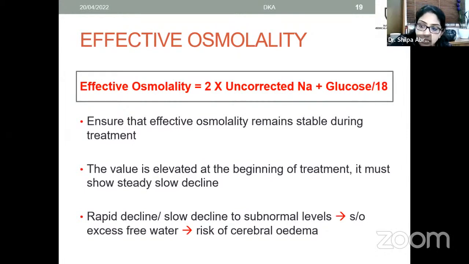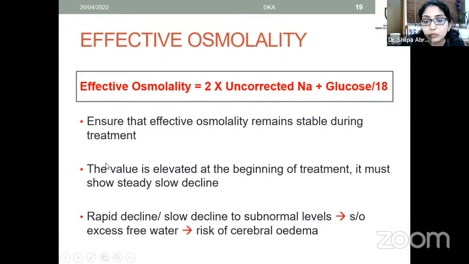There has to be a slow and steady decline in the serum osmolality. When you are seeing a very rapid decline, or even a slow decline to very low levels like the 270s, you have to be worried. That is suggestive of excess free water. It means that you are giving more free water and there is a risk of cerebral edema. So this concept has to be clear before we go to the management.